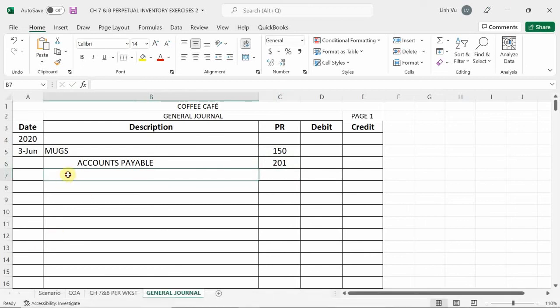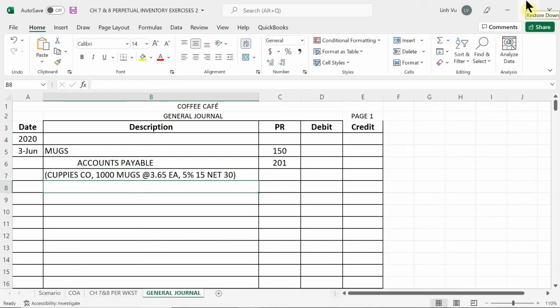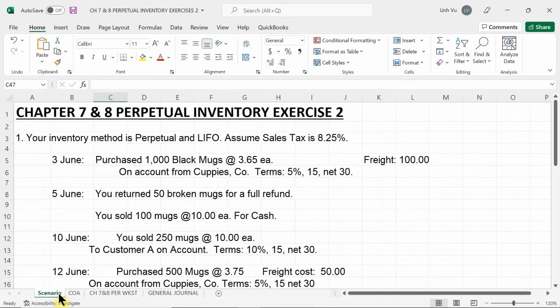Now it says that we purchased from Cuppy's Co. 1,000 mugs at $3.65 each, and they gave us terms of 5%, 15, net 30. That means they'll give us a discount if we pay within 15 days. If not, we must pay the whole thing in full in 30 days. Now, what do we do with this freight of $100?